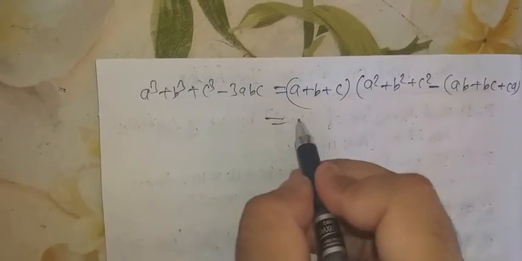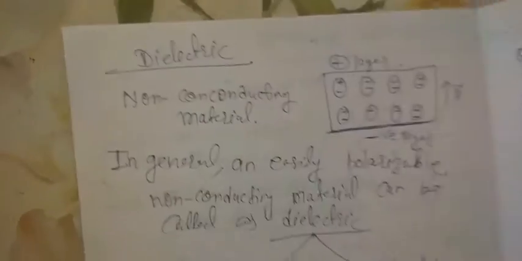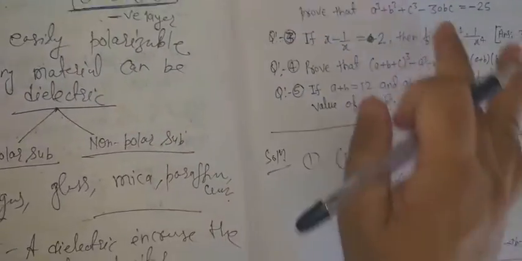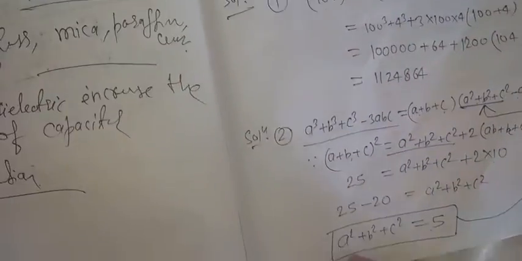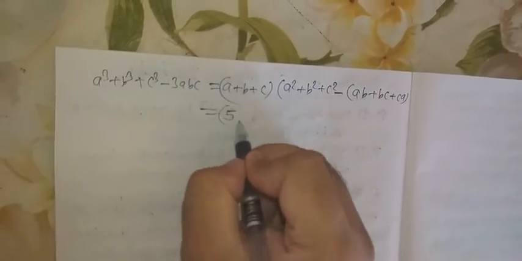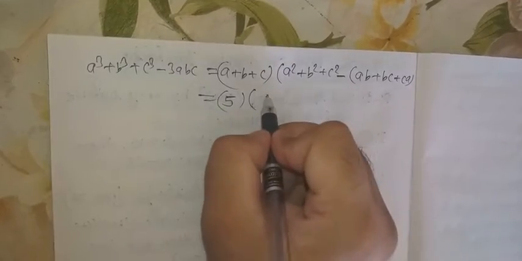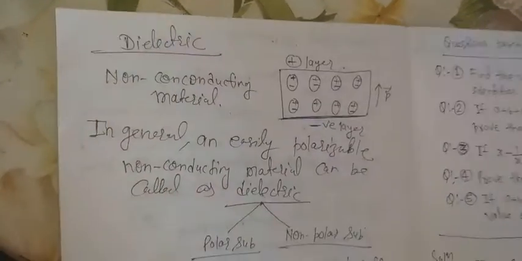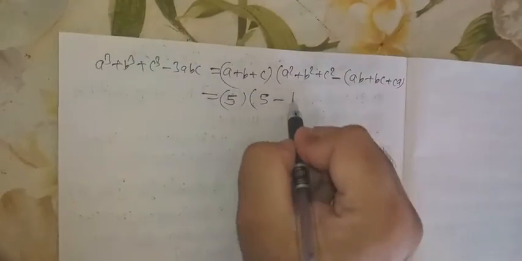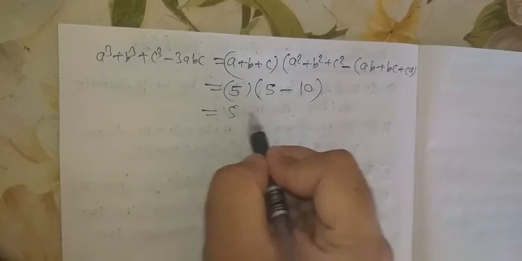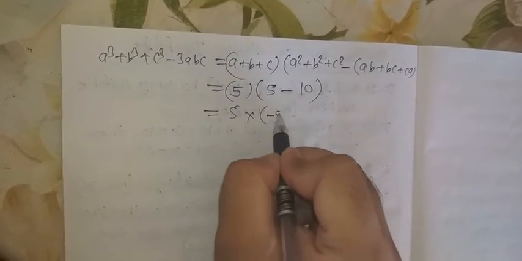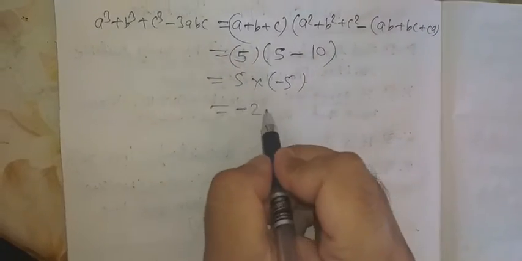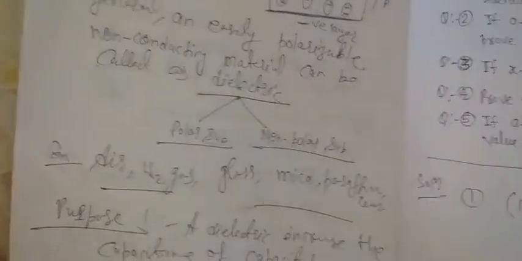The value of a plus b plus c is 5, as given in the question. And ab plus bc plus ca is 10, and a square plus b square plus c square is 5. So this equals 5 into (5 minus 10). So 5 into minus 5 becomes minus 25. This way we can put it.